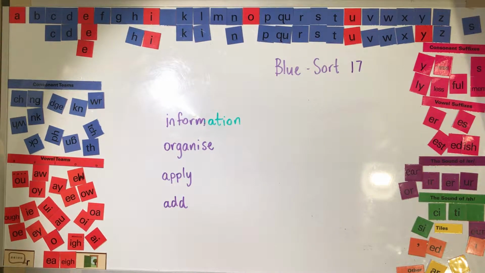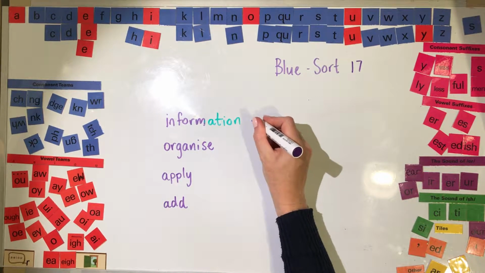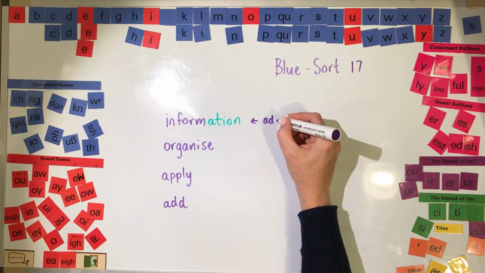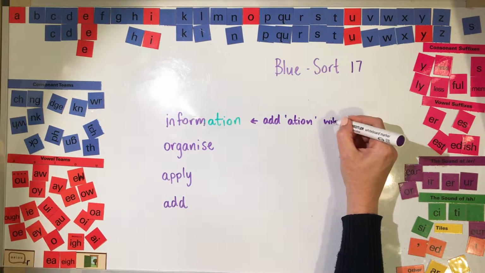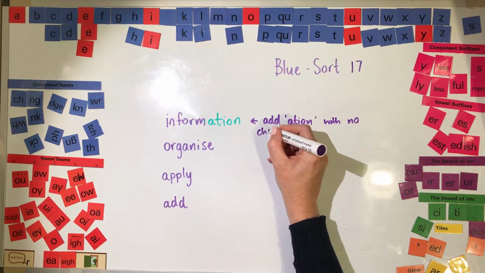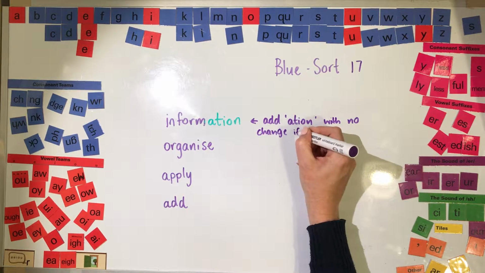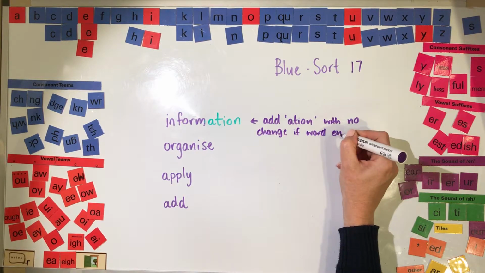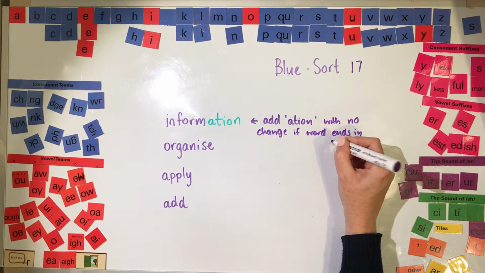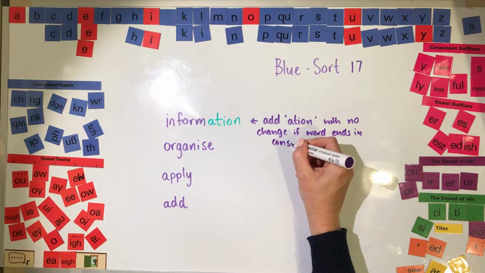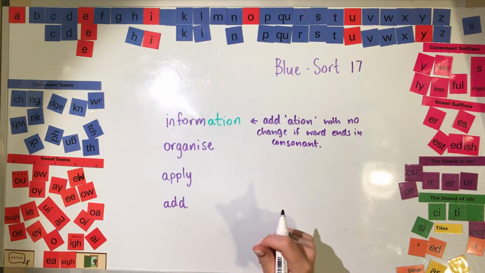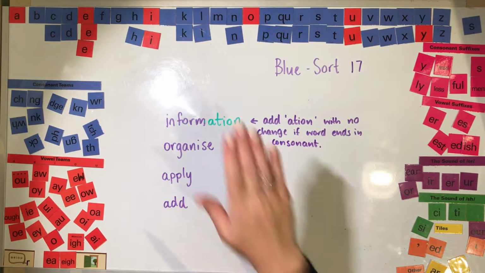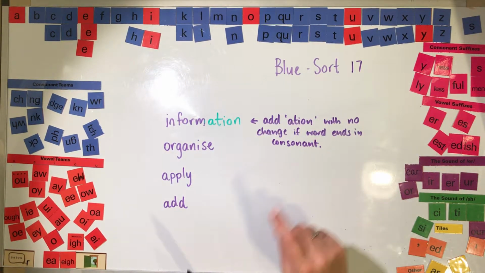So we can say about this one: add ation with no change if the word ends in a consonant. Okay, so if you have a word inform and you want to make it information, then if the base word ends in a consonant, you just add ation. So that's kind of rule 1.